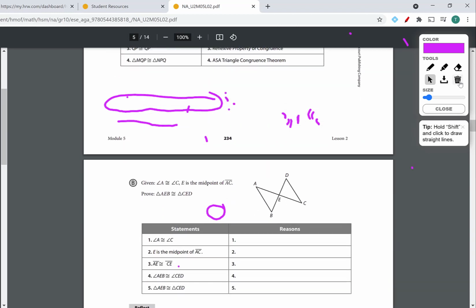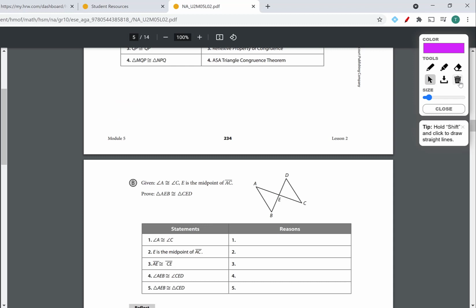And generally this is going to be the format. They're going to give you the statements, and we're going to have to supply the reasons. So we have kind of an hourglass shape here. We have two triangles that are meeting at angle E. It's kind of like those vertical angles are almost kissing each other.